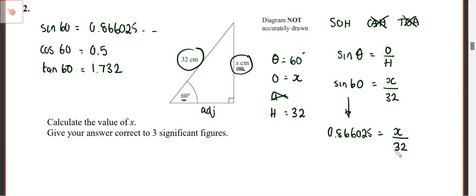How do I work out x? I need to times this side by 32. That gets rid of it from that side and leaves me with only x. But on this side, I also need to do 32 times that. And what do I get?